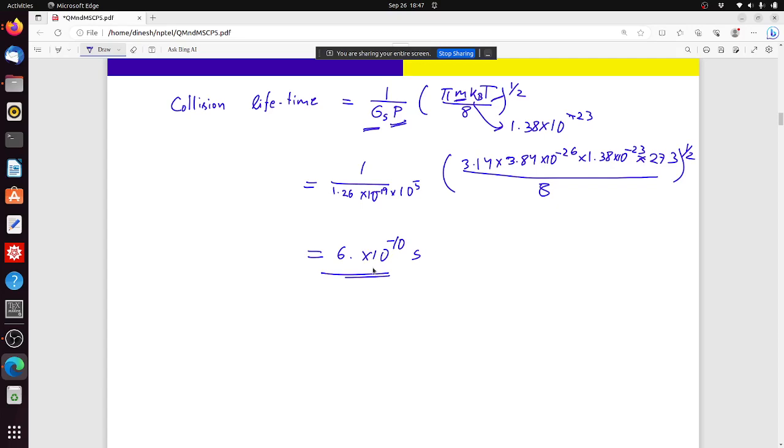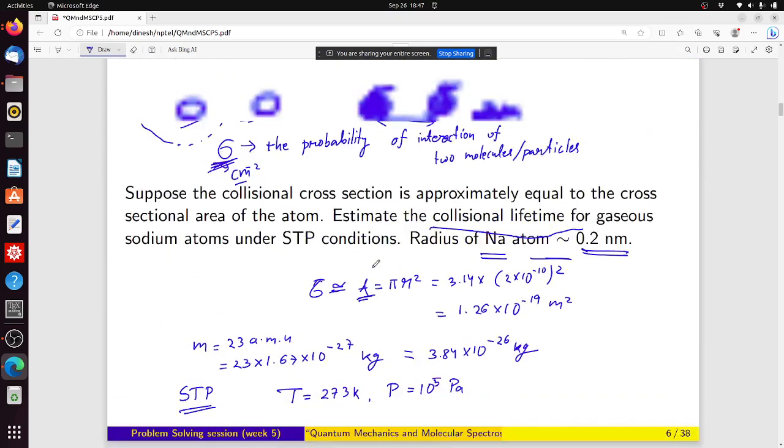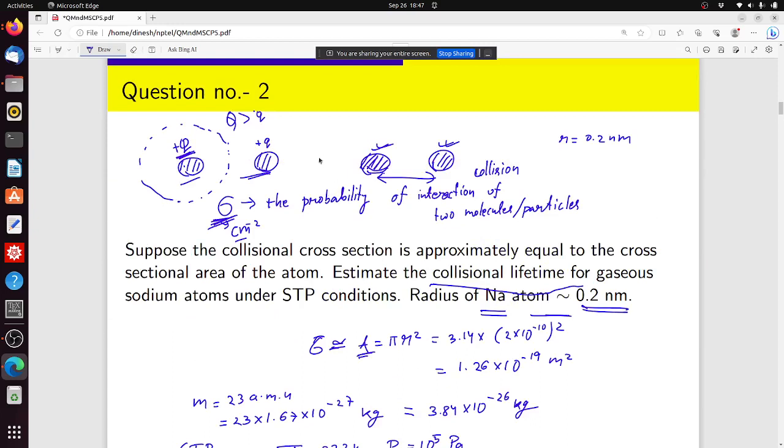If the sodium is in gaseous state, then the sodium atoms are very free to move, so they can collide with each other.